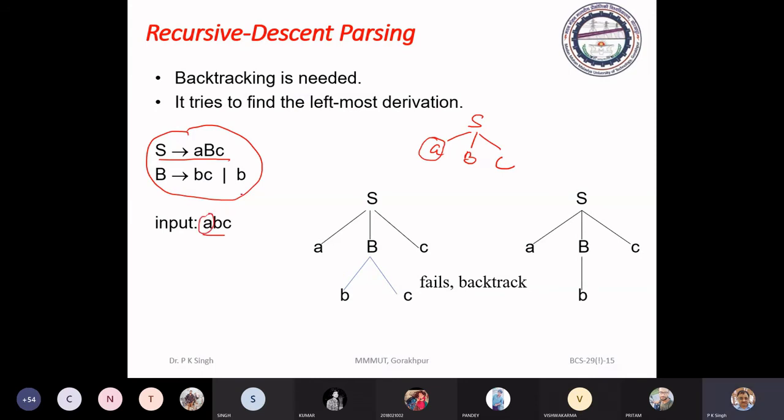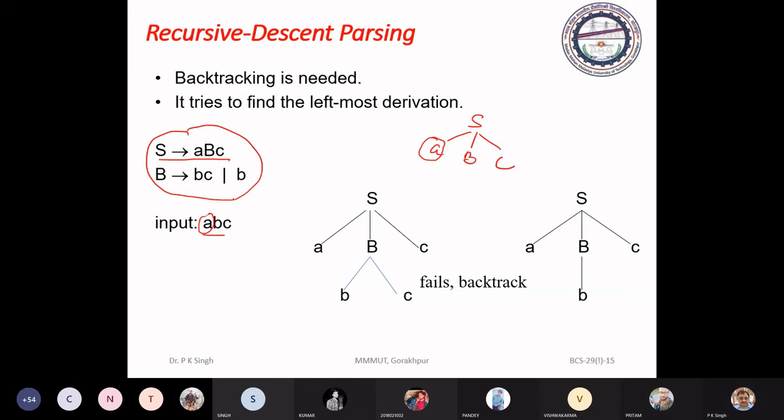Okay. We just advance the pointer through which we are tracking the input string. Okay. Now next symbol is B. On the basis of this B, we will select one of the productions.